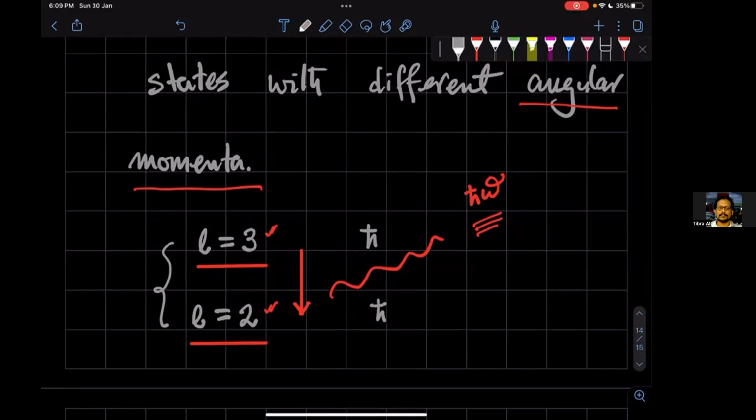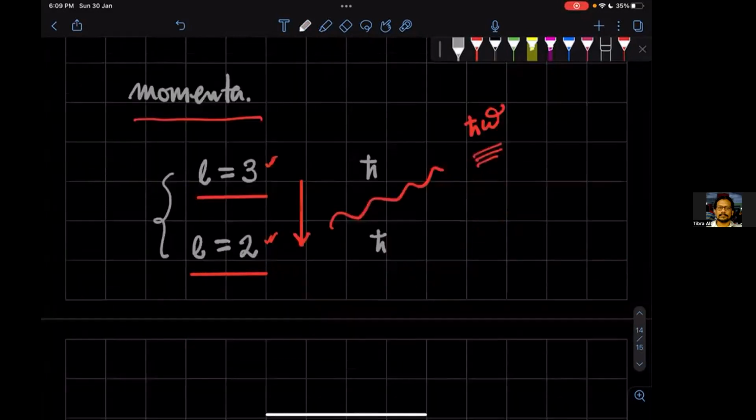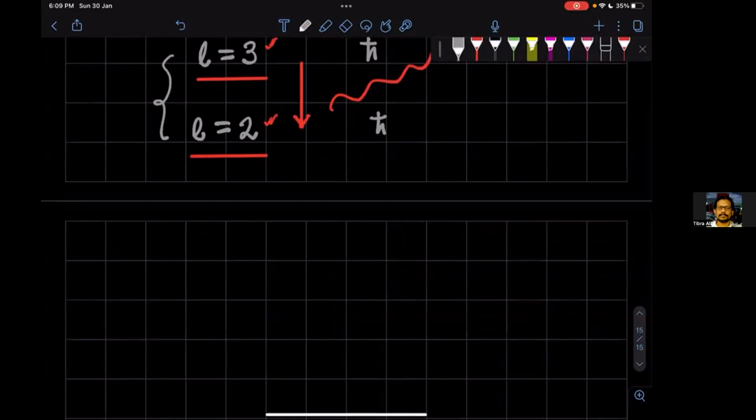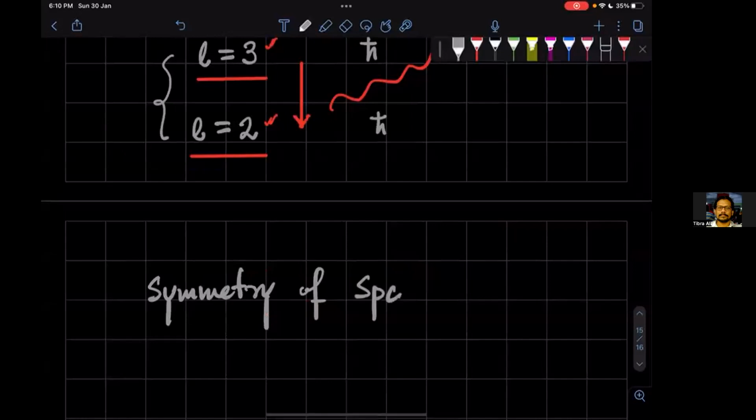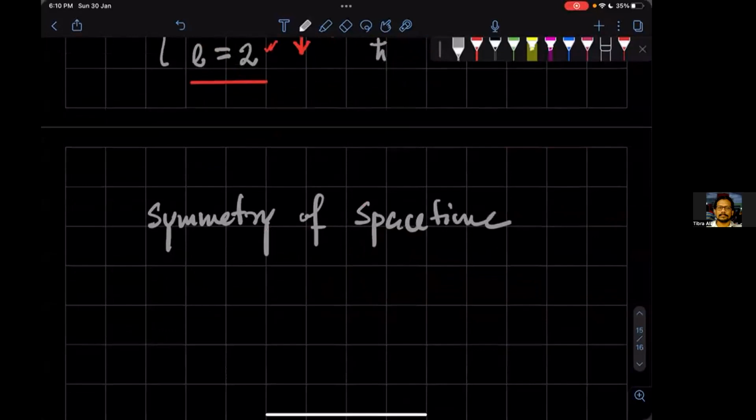So that's one. Part of the symmetry of space-time, well, the symmetry of space-time is a group called the Poincare group.